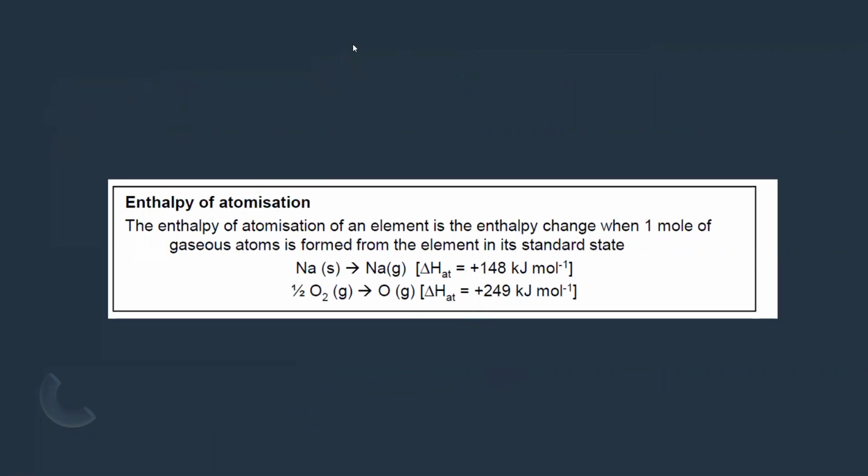But as you can see, for group 8 elements such as helium, helium is already a gas and it is also an atom. So for atomization, we cannot do anything else. So the atomization of these noble gases is 0, because the noble gases are already in an atomic state and they all are gases.